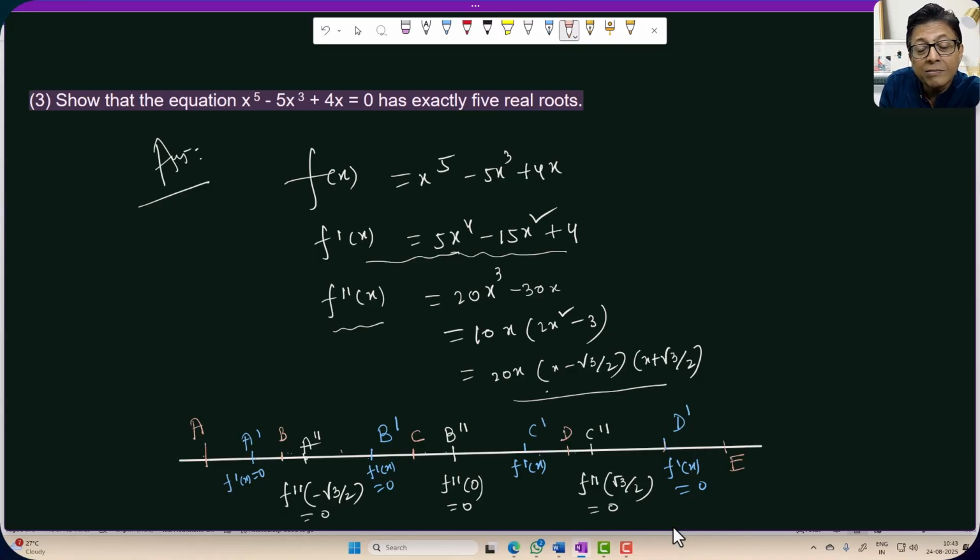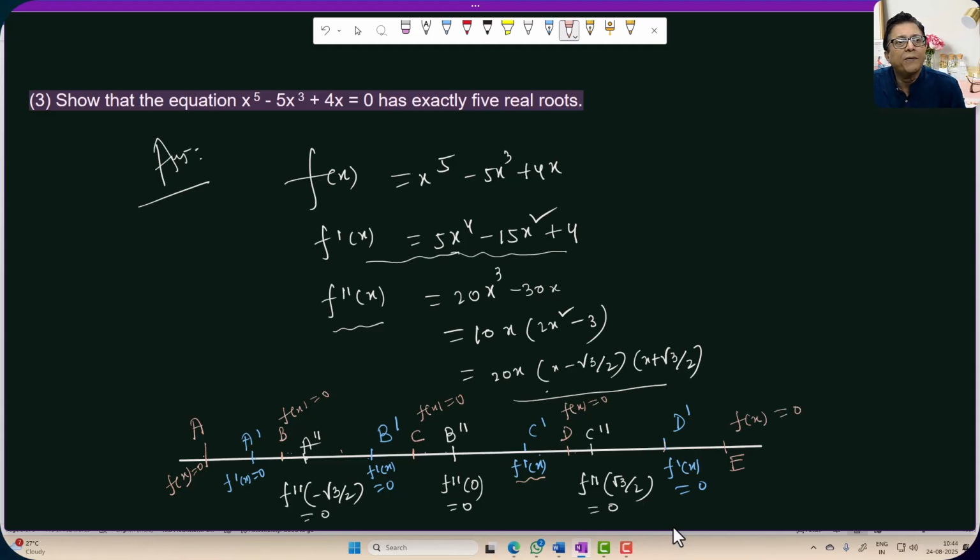D and C have a separating root of f'(x) = 0. C and B have done it. B and E also have done it. So these are the points where f(x) is going to be 0.